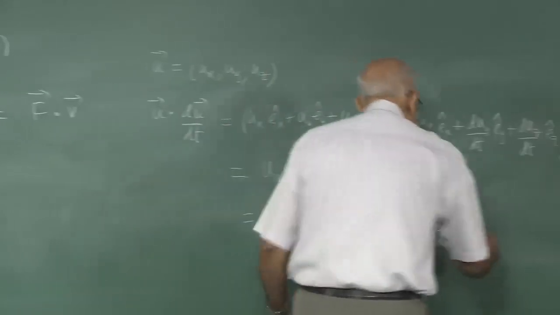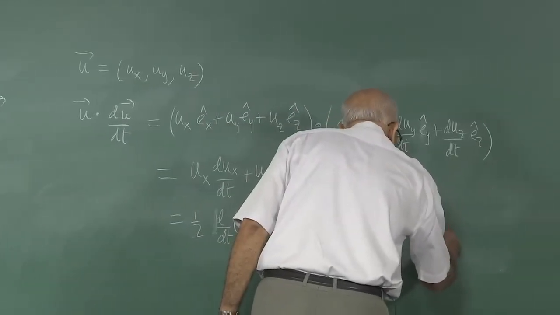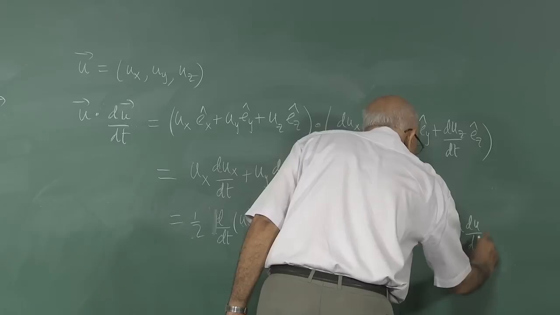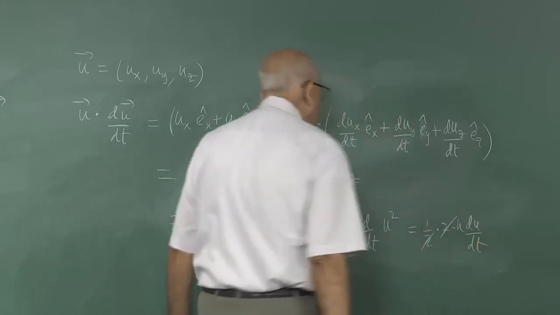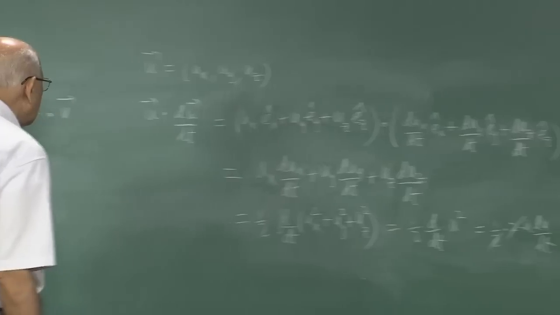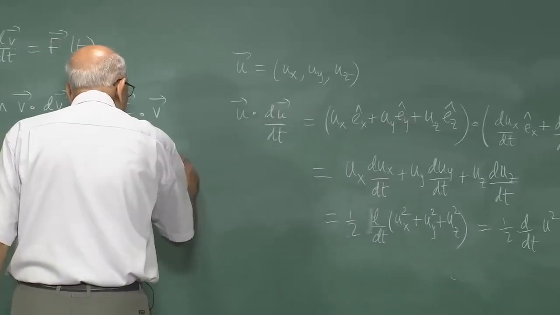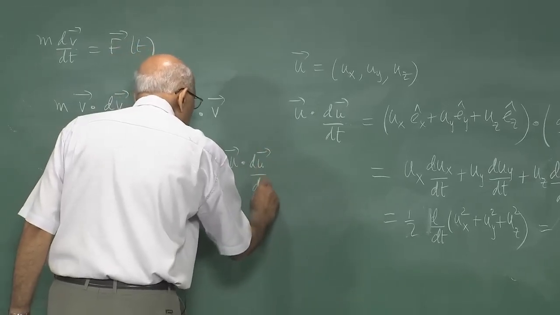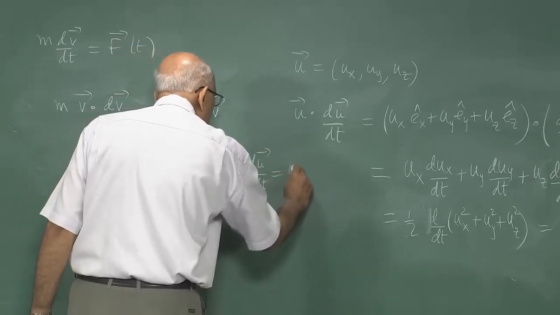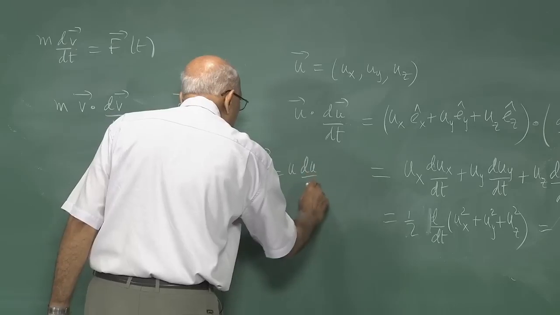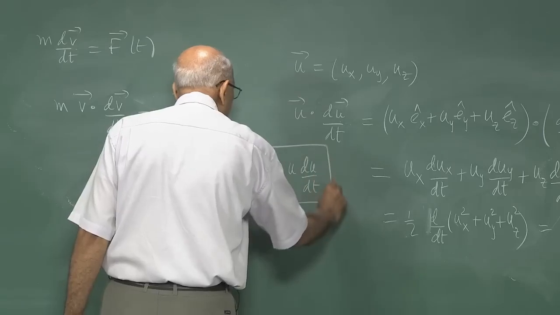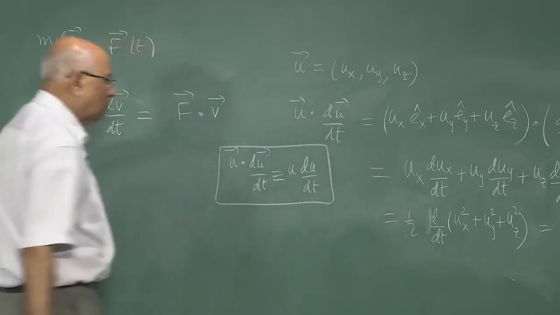So this is 1/2 d over dt of u squared, which of course is equal to 1/2 times 2 times u du over dt, and the 2 cancels out and we are left with this identity which says that for any vector u which depends on time, u dot du over dt is equal to u, the magnitude, times d over dt of the magnitude. This is identically true.